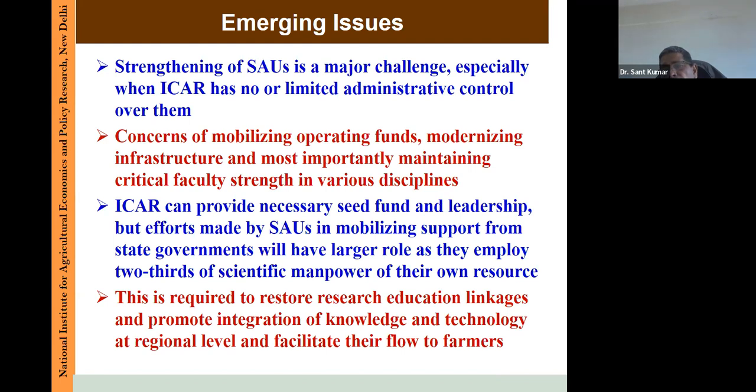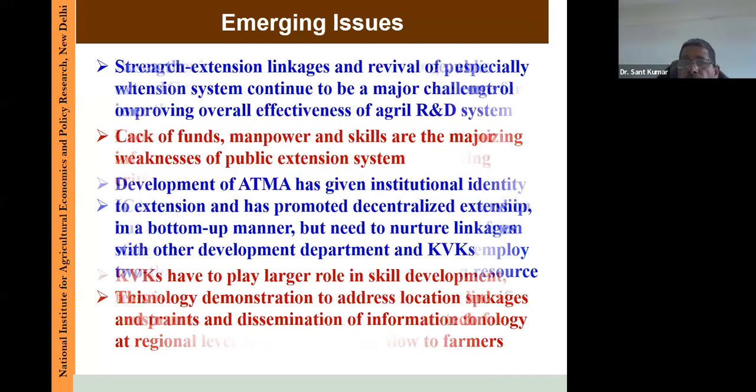So ICAR can provide the necessary seed fund for the leadership, but the efforts made by the SAUs in mobilizing support from the state government will have the larger role and are the most important aspect, as they employ the scientific manpower from their own resources. ICAR funding is less. So this is required to restore the research-education linkage, to promote integration of agriculture and technology at the regional level, and to facilitate their upload to the farmers.